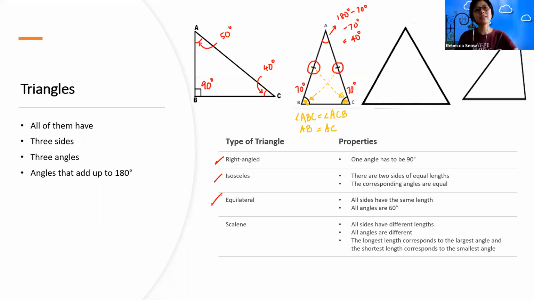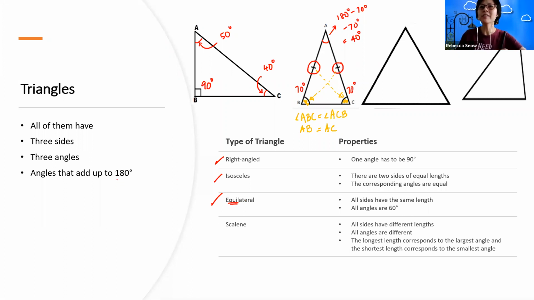Next up, let's take a look at equilateral triangles. Equilateral comes from the word equal, which means all sides have the same length. And because all sides have the same length, all angles are equal. Now, if you remember, all angles in a triangle add up to 180 degrees, right?